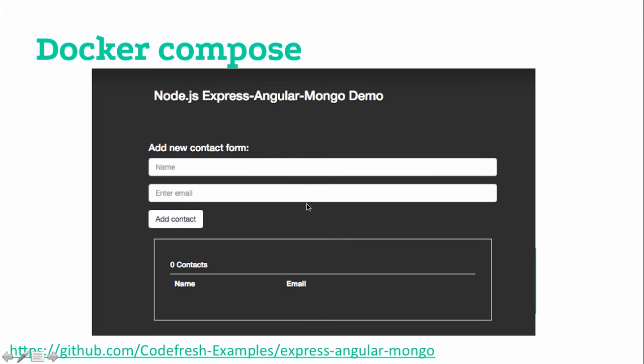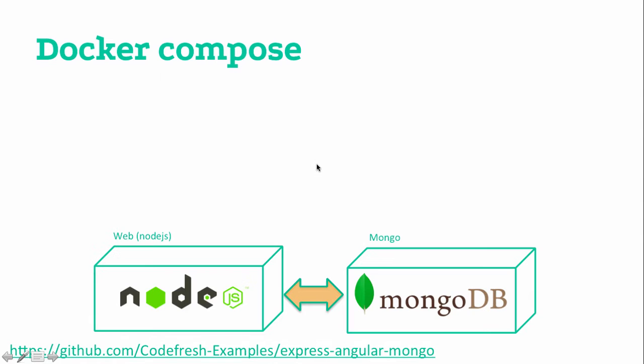If we double click on this application, we can see that there are 2 containers required to run as part of it. One of them is a Node.js microservice, and the other one is the MongoDB database.